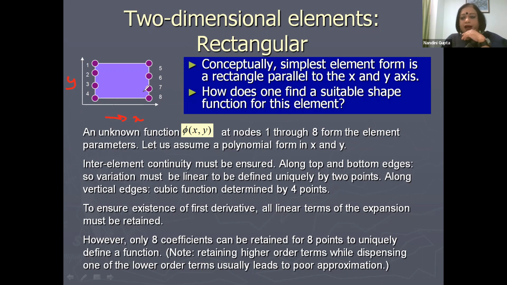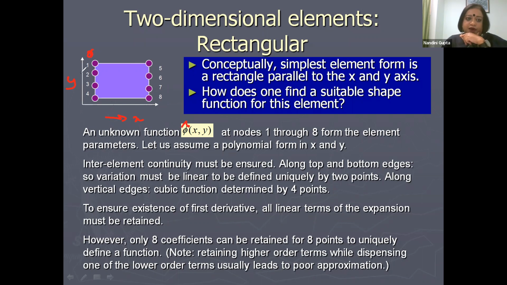Now, I have given you this element, and I want to find the shape function for this element. I've just now told you that we can choose an element, and accordingly, we have to choose the shape functions. And how we choose the shape functions decides the interpolation function that you use for phi. Depending upon the interpolation function, phi or phi hat will have a certain shape over this element.